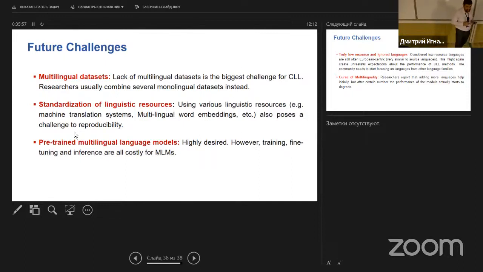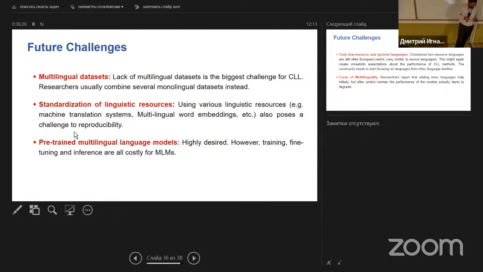Standardization of linguistic resources is another issue, because if we look at five years ago, the technologies and linguistic resources available at that time, and compare with today's state of the art, there is a lot of difference. So we have to standardize because the output and the efficiency really change.